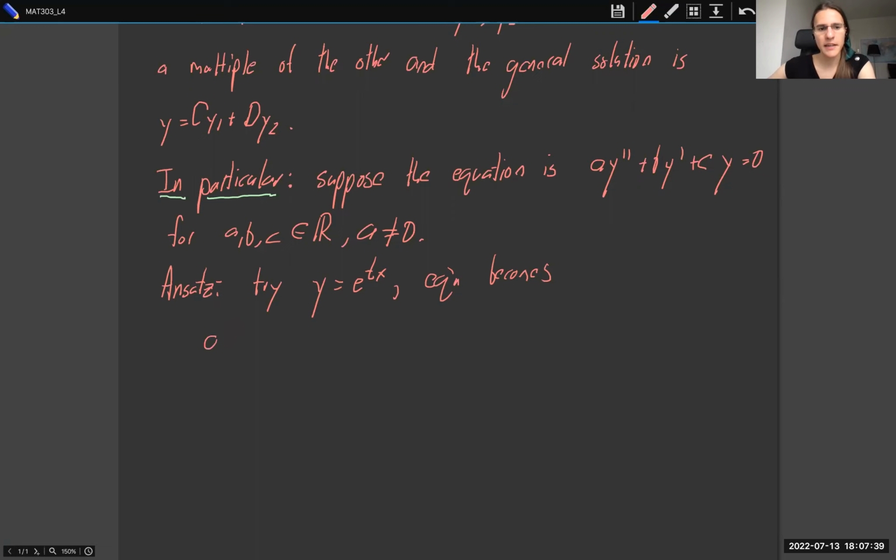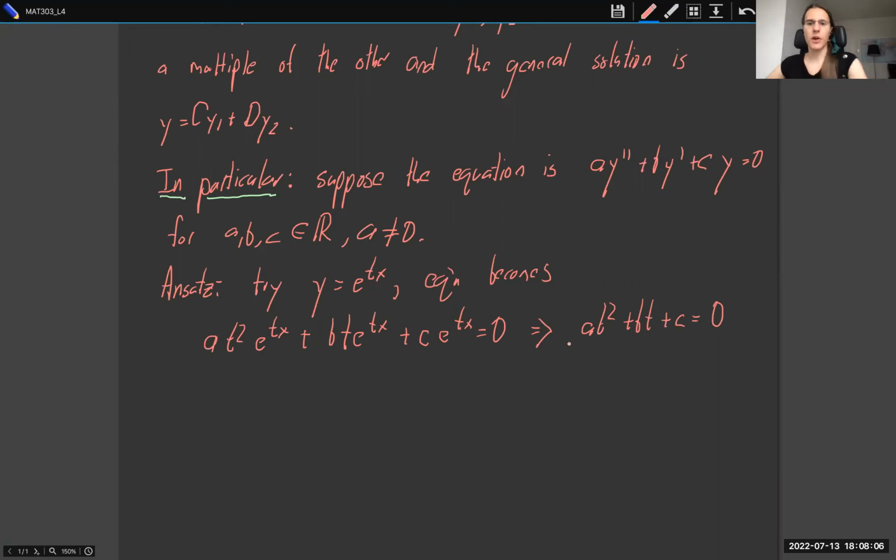We get a t^2 e^(tx) + b t e^(tx) + c e^(tx) = 0, which only works because e^(tx) is everywhere strictly positive, giving a t^2 + bt + c = 0. So in other words, t is a root of this equation.